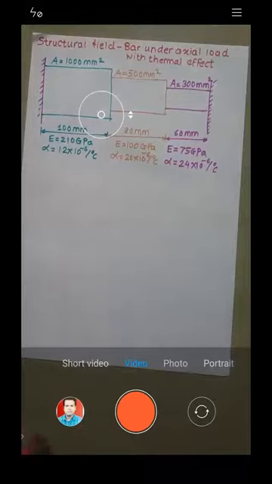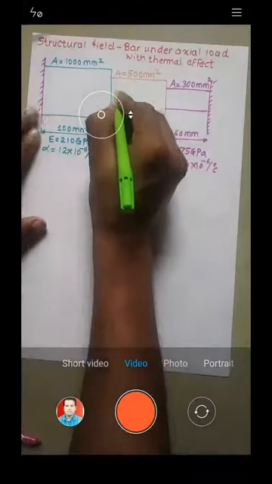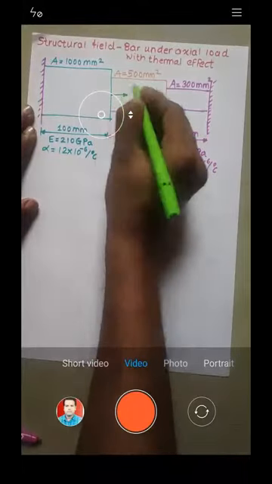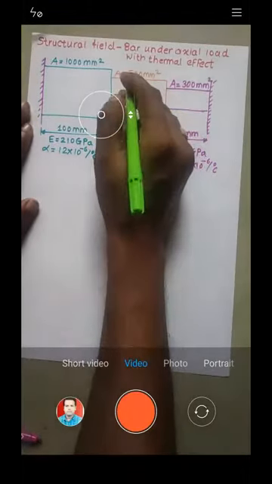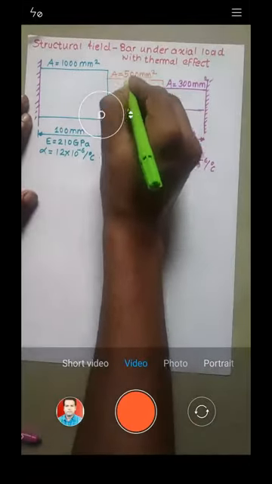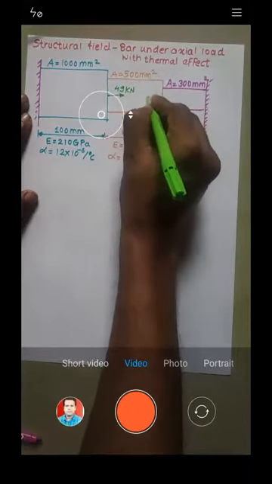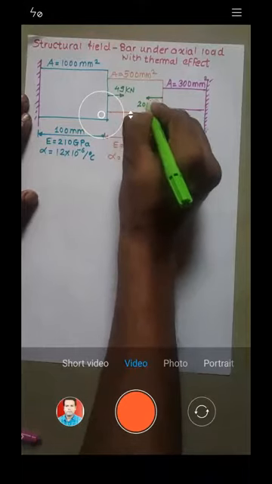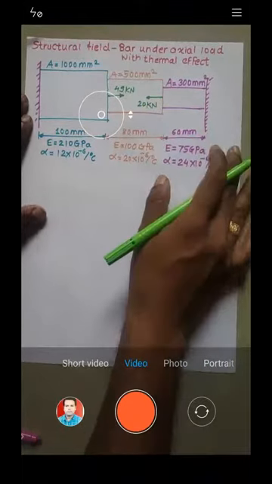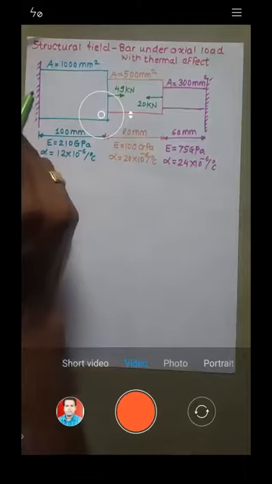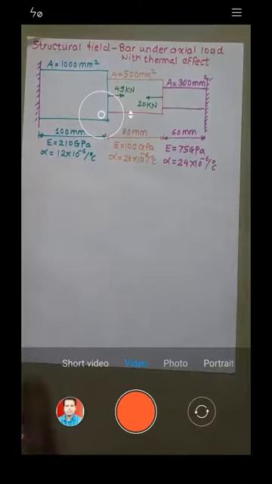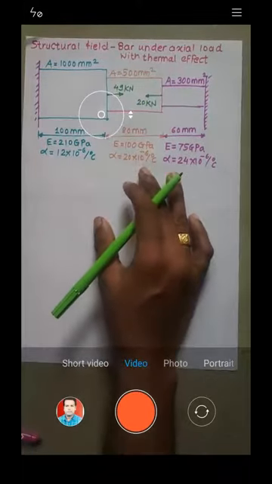Now to this bar, they applied some load here, and that load is 49 kilonewton. They applied 20 kilonewton here, right? So now they're asking to analyze this problem completely.